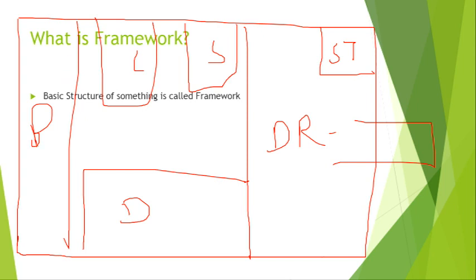My bedroom should not be in this position. My bedroom should be in this position so that I can manage. My shoe stand should be in this position, not here. So there is some structure of my house. This is the framework.